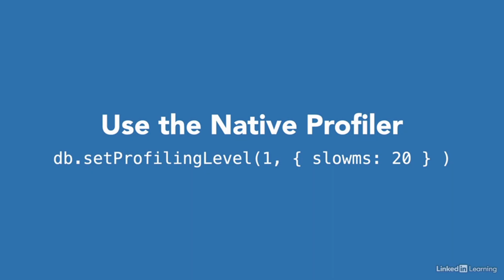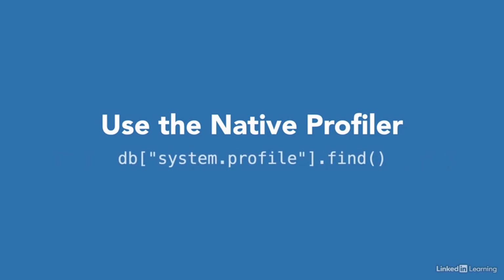In this example, I'm saying the slow millisecond limit is 20. This will then make MongoDB store operations that exceed the 20 millisecond time limit in a profile collection inside the system database. And you can then query that collection. Be aware that using the profiler with low slow ms values can slow down your deployment.